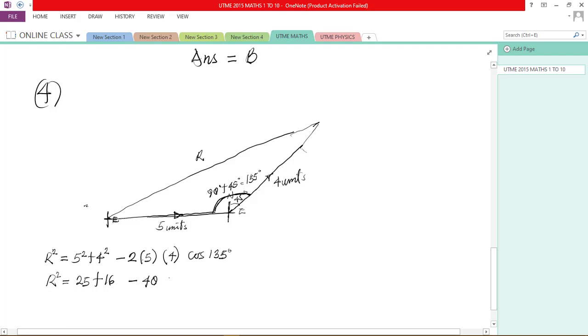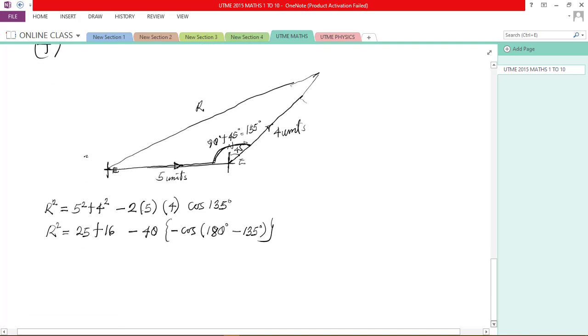Then here we have cos 135, that will be negative cos of 180 degrees minus 135 degrees. This one has a shortcut, don't worry. I will give you the shortcut so that you can be happy.